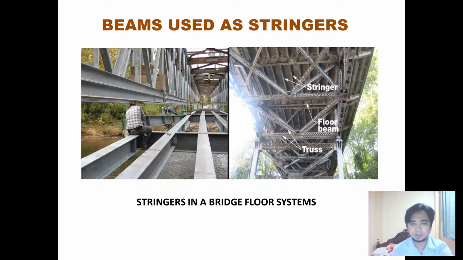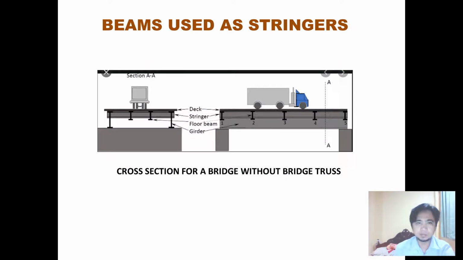That is why the bridge truss carries the bridge loading. Whenever there is no truss, stringers are placed on the girder, and the stringers will be supported by the girder.